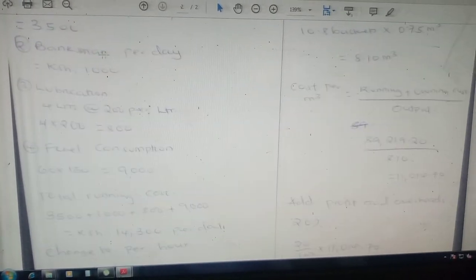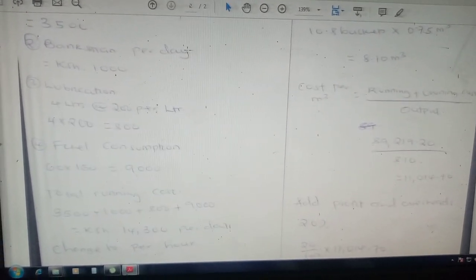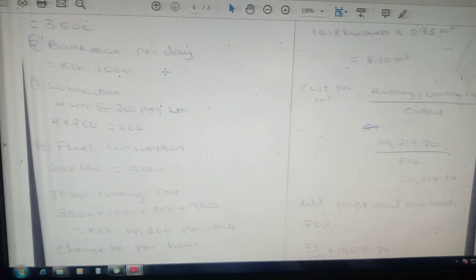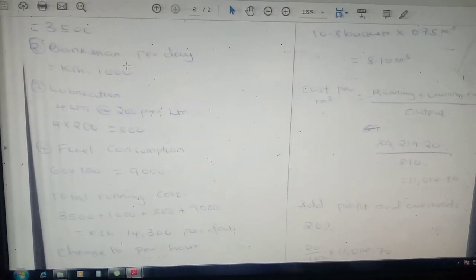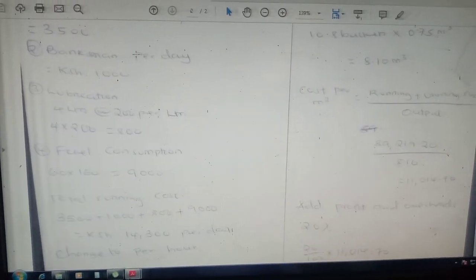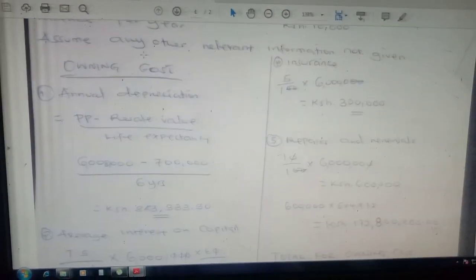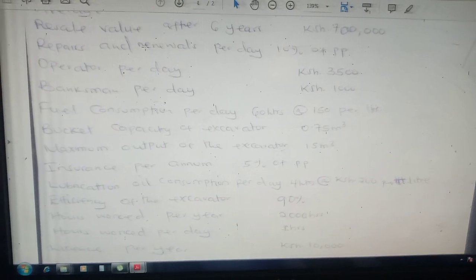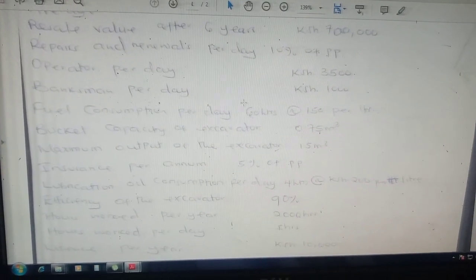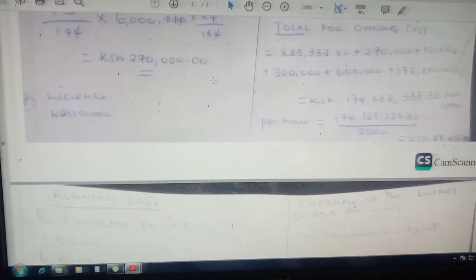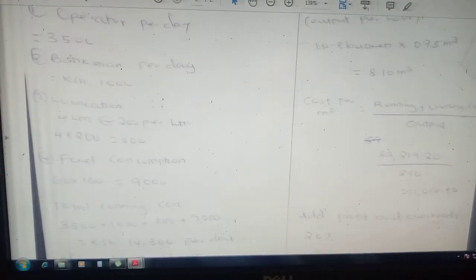Then the banksman, whereby I had said the banksman is the person who assists the operator in any plant or equipment. We were given the amount of the banksman in the data here, that the banksman is being paid 1,000 shillings per day. So you just write there 1,000 shillings, no calculation.